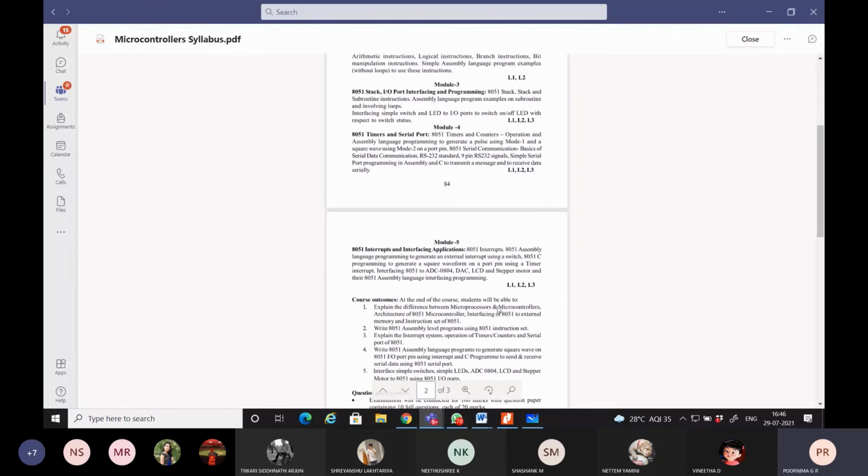Here you can see ADC, DAC, LCD, stepper motor. ADC, DAC and stepper motor we have finished. We have to finish LCD and interrupts programming, and the C program to transmit or receive data serially.